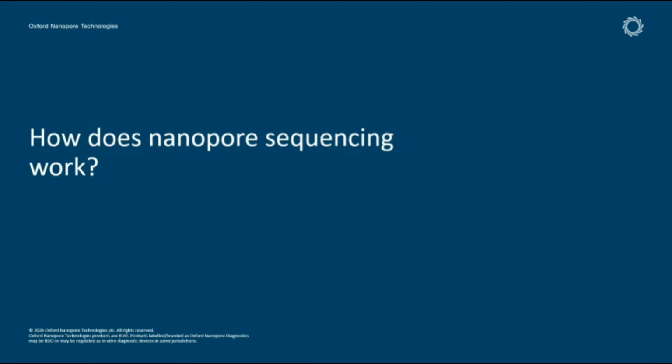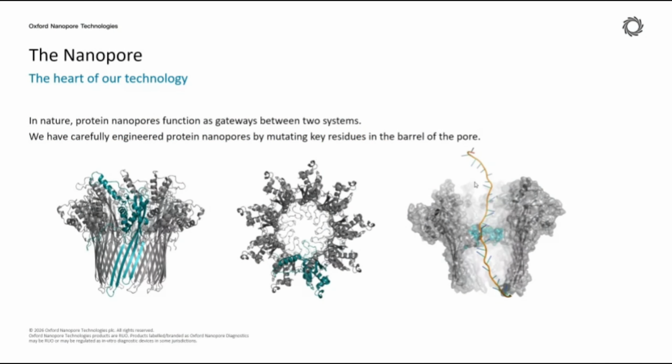So how does nanopore sequencing work? Here's the heart of the technology. As Nim mentioned, the technology is named after this protein called the nanopore. The pore proteins have a channel inside that allows the DNA molecule to pass through the membrane.